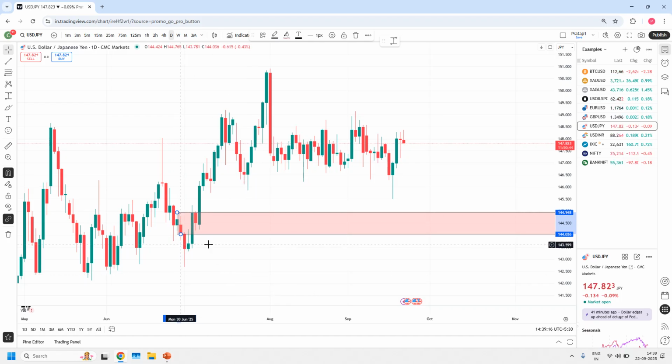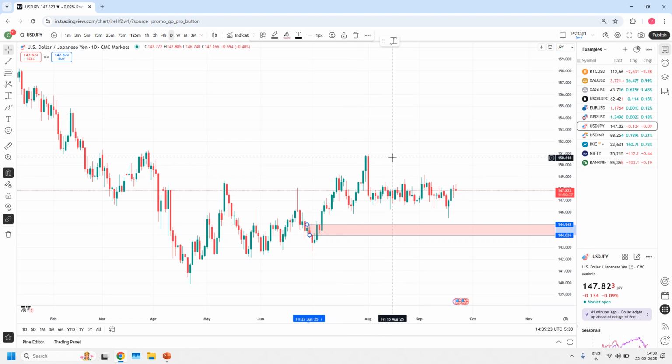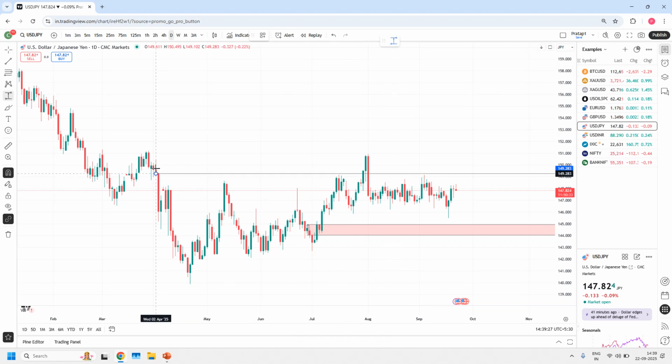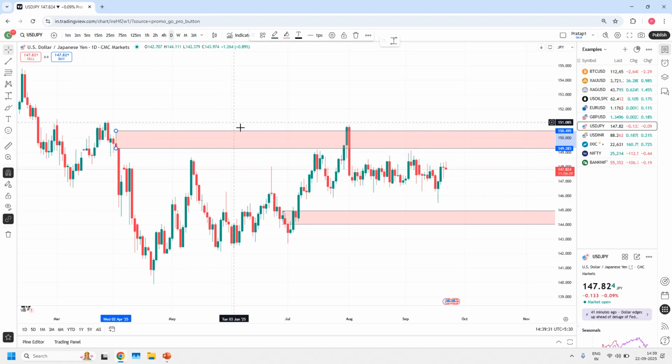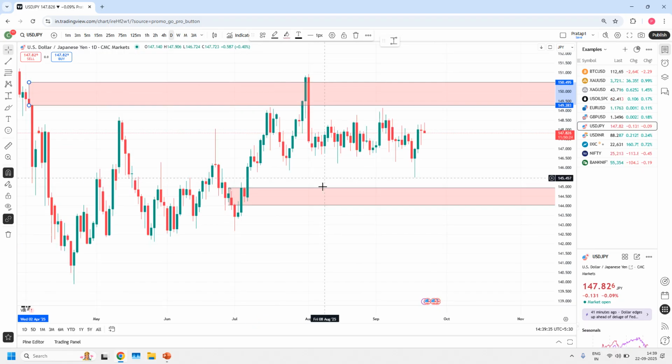See, this supply is violated. This is another supply here. And meanwhile, this supply is violated by this drop base rally. So let me draw a demand zone here.